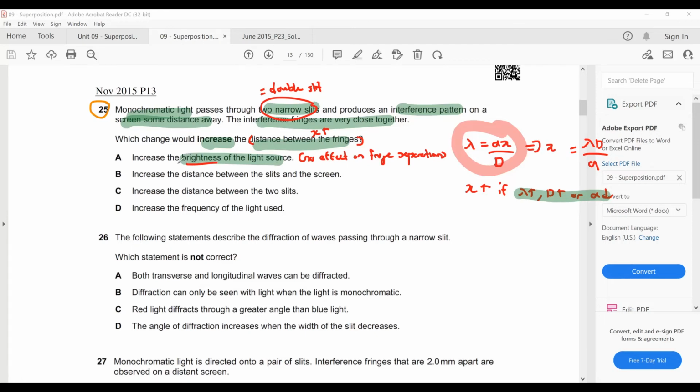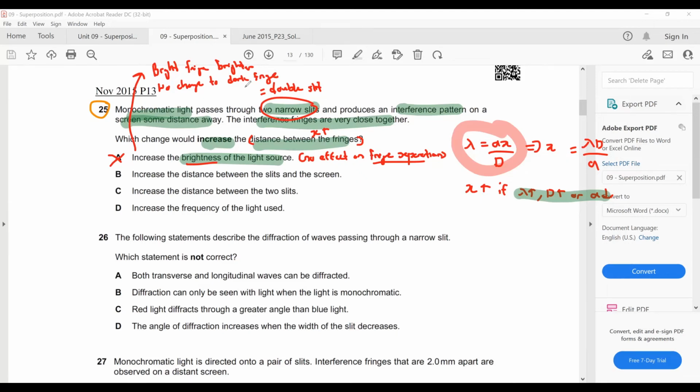This one has a similar effect: you're using a higher brightness of light. So this in itself may not be the answer. It will not cause a change in the fringe separation, but it does cause something else: the bright fringe is brighter, with no change to the dark fringe.